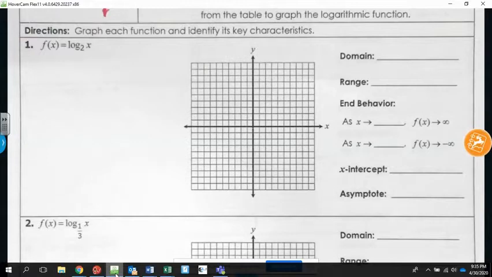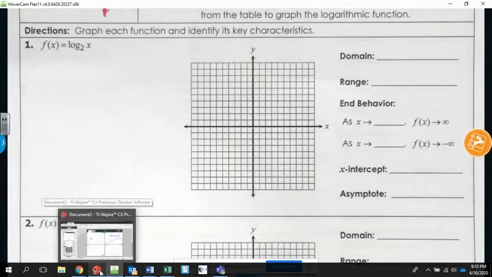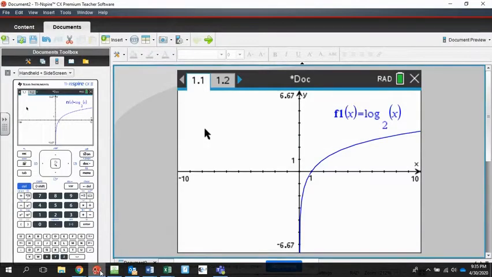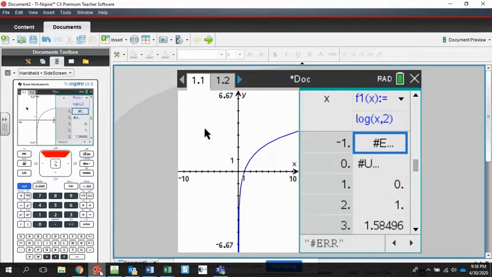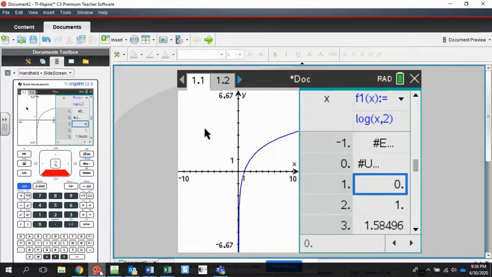We're going to go to the calculator, and that's what our graph is supposed to look like, log base 2 of x. If I hit Control T, it'll give me a set of points. As I get closer to 0, I get undefined because you cannot pass the asymptote, which is a vertical line, x equals 0. So we have 1, 0.